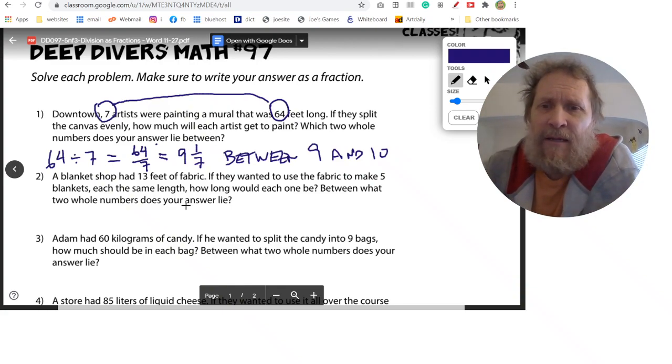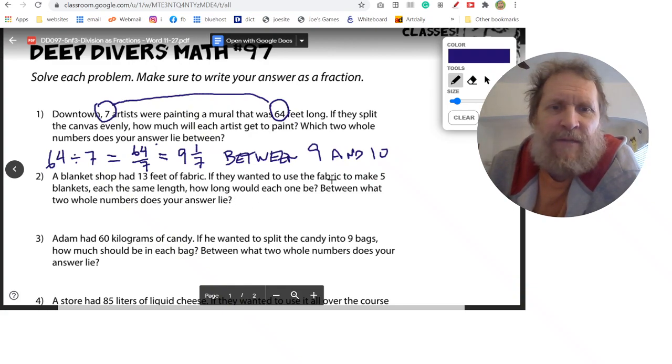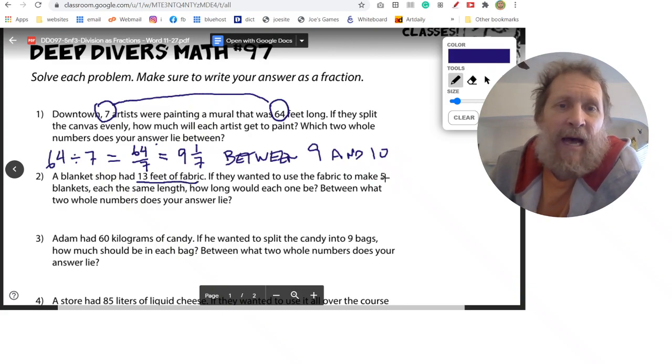Let's quickly do another one. A blanket shop had 13 feet of fabric. If they wanted to use the fabric to make 5 blankets, each of the same length, how long would each one be? Between what 2 whole numbers does your answer lie? Well, the quick way to do it is to think, what am I doing? I've got 13 feet of fabric. I'm splitting it up into 5 sections, 5 blankets.